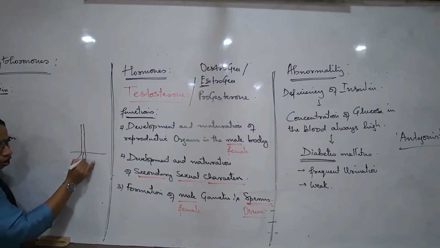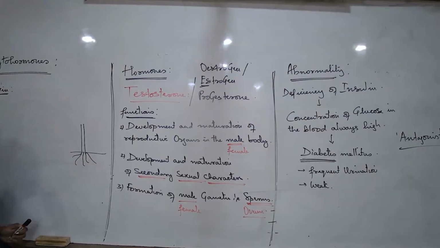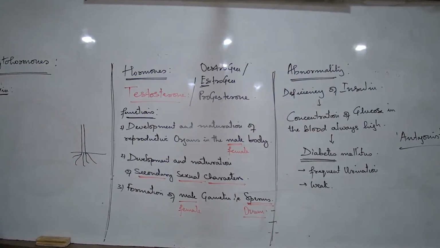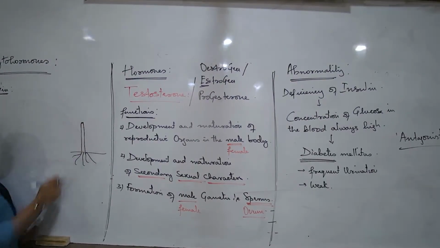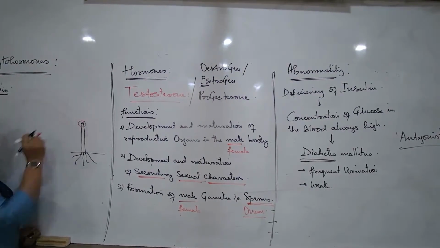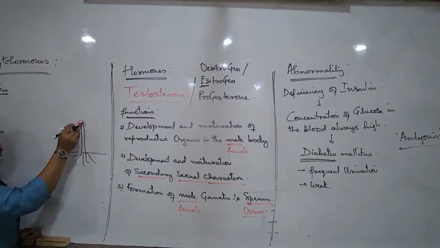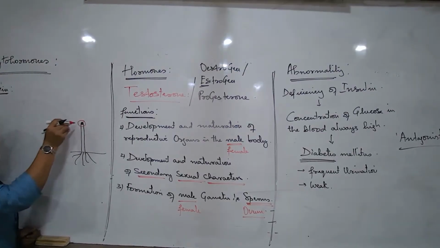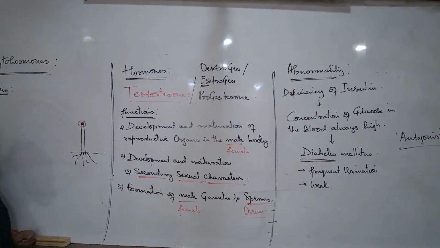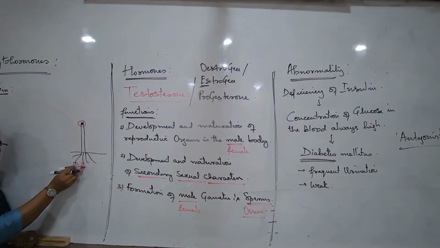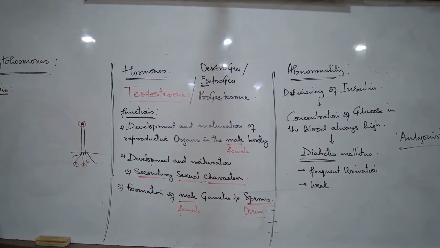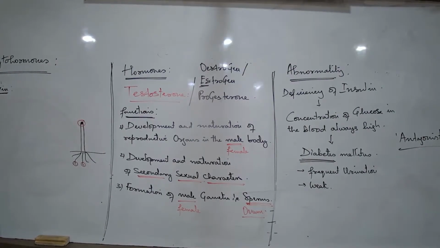This plant has just a few roots. Where will the auxin act? The auxin will always act on the tip of the shoot. The concentration of auxin will be maximum here at the tip of the shoot, and it will allow the process of growth. Also, the concentration of auxin will be maximum at the tip of the root, and it will bring about growth.